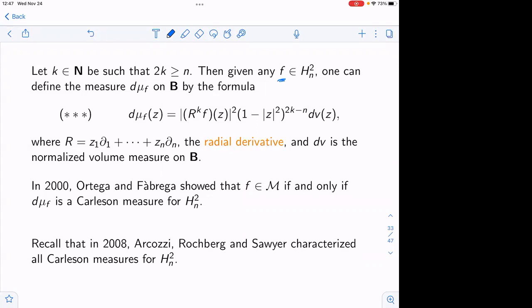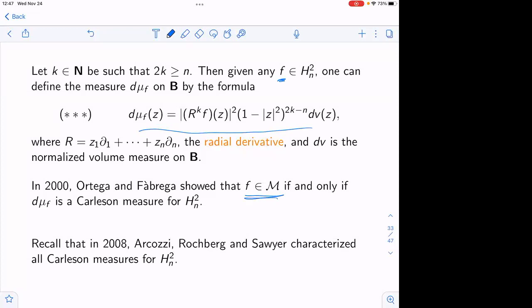they look at this measure. Their result is that F is a multiplier if and only if this measure is the Carleson measure for the Drury-Arveson space. Now, if you combine that with this 2008 result, where you have a characterization for the Carleson measures for the Drury-Arveson space, the combination of the two is a characterization of membership in the multiplier algebra.